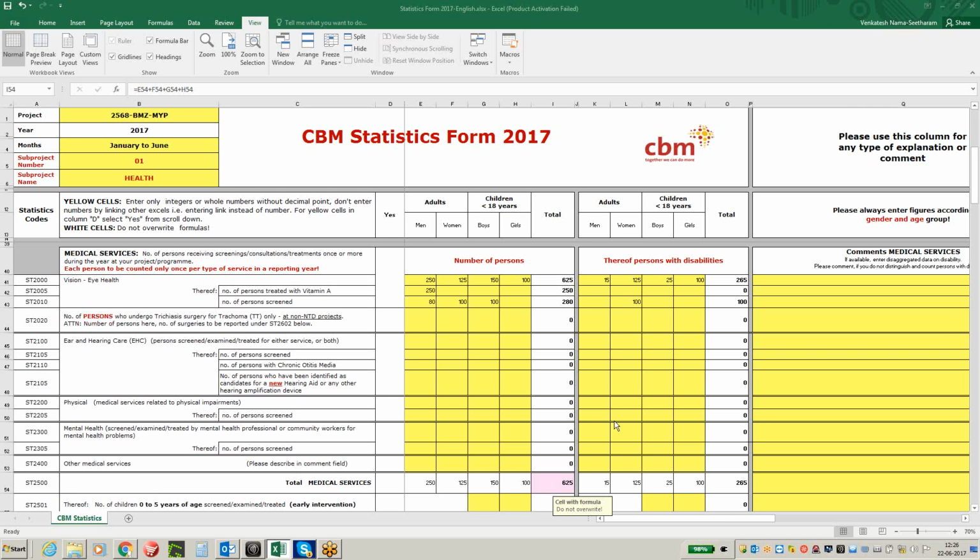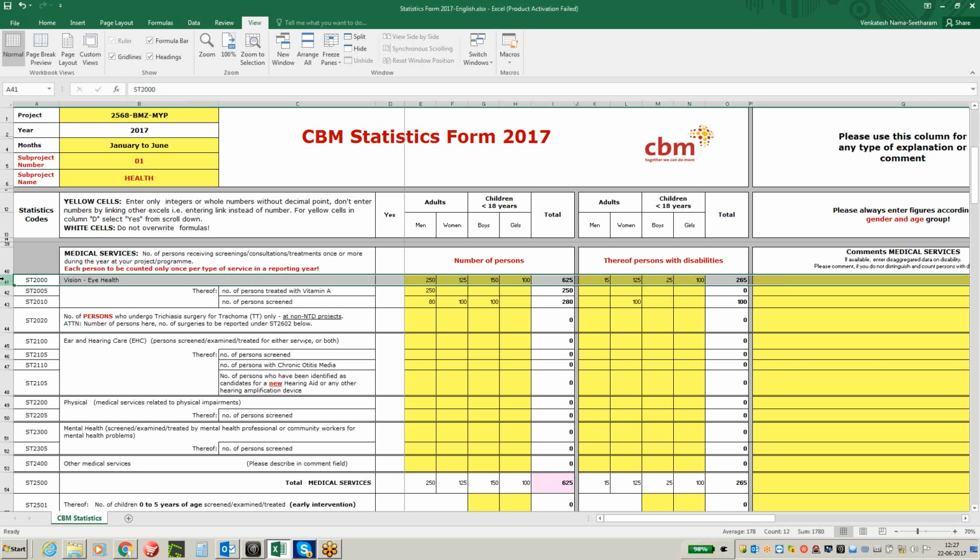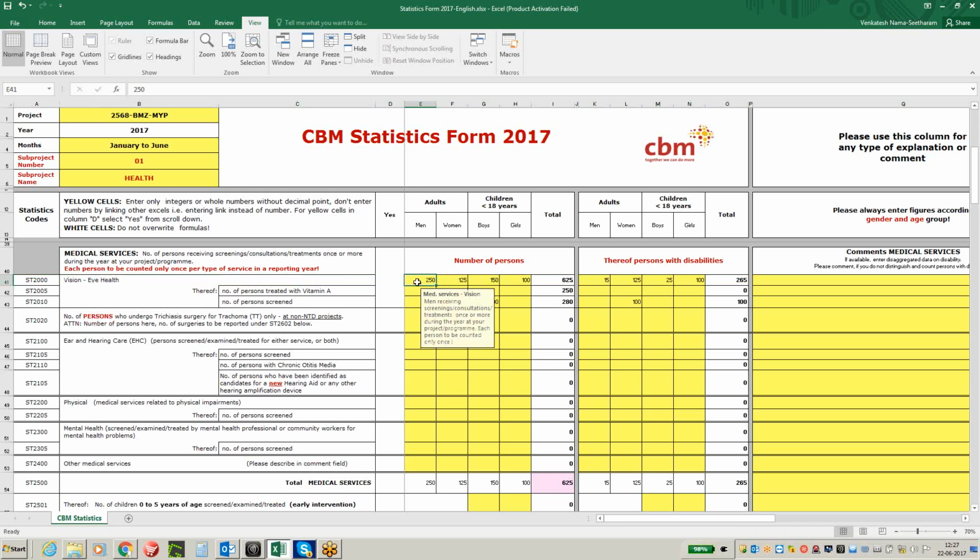Maybe for 2018 we can think of something, like a registry, but we have to have the number of persons. People have to be aware, on the top it's persons and then it's interventions. You have to be careful with the headings, what's being counted. And also we have not changed the logic from the previous year statistics forms. Whatever the logic was there, we are maintaining the same logic.